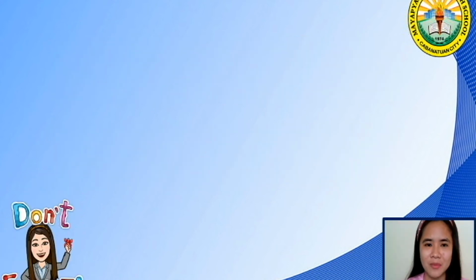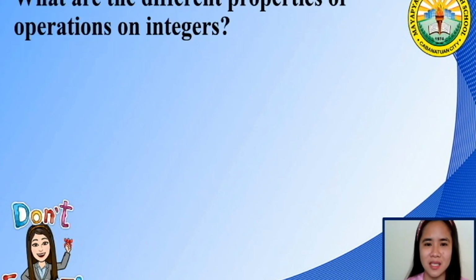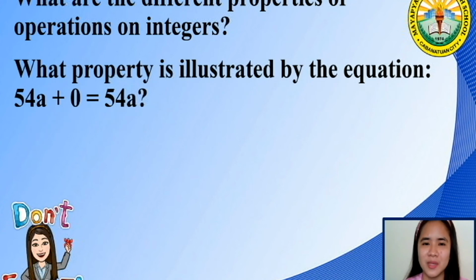Let us have some recap. What are the different properties of operations on integers? Good job! The different properties of operations on integers are commutative, associative, distributive, identity, inverse, and the closure property. The next question is, what property is illustrated by the equation 54a plus 0 is equal to 54a? You're right.